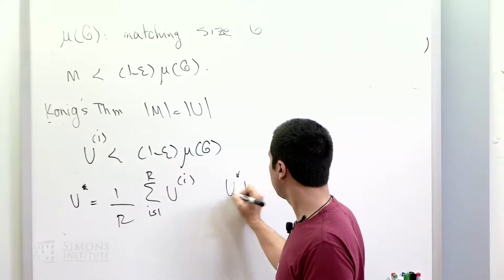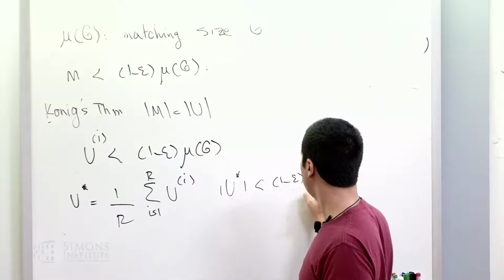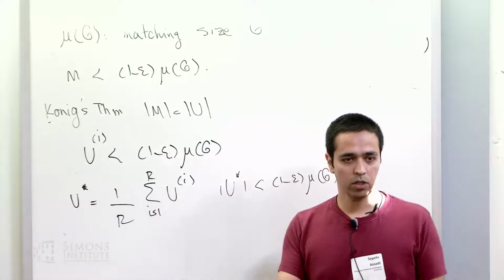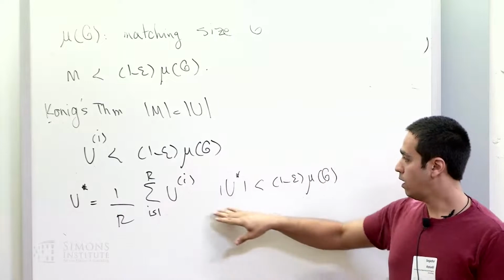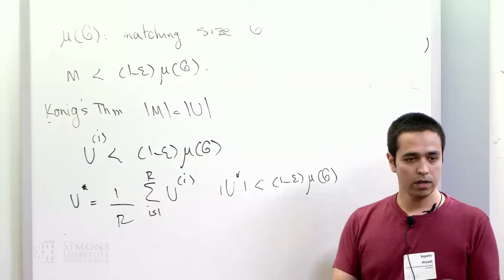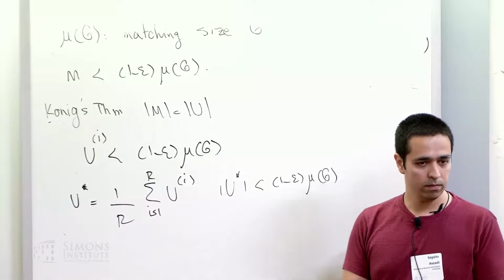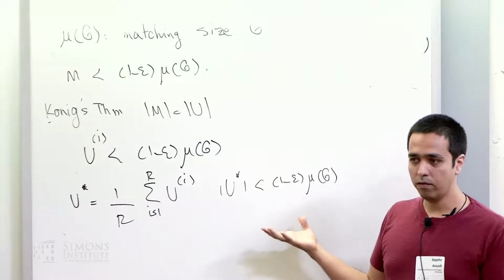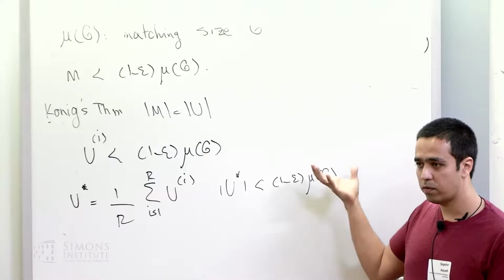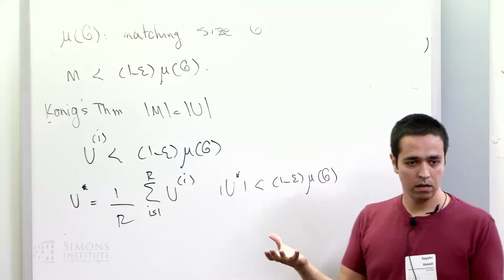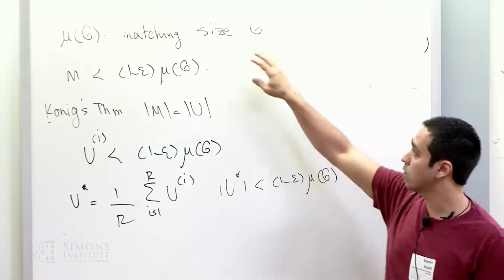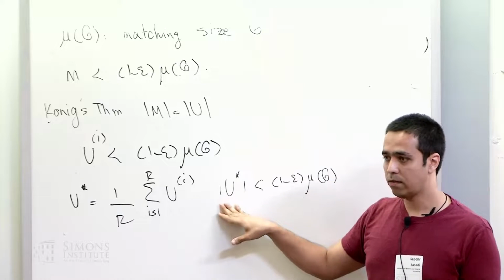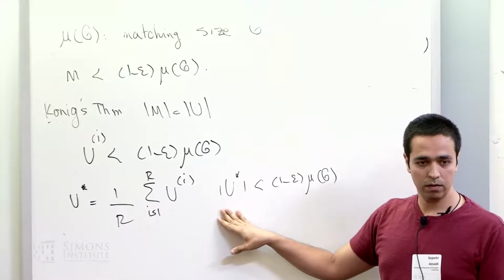U star has size less than 1 minus epsilon times mu G. Do I agree? It's a fractional vertex cover. If U star can cover all the edges completely, then U star will become a vertex cover of my graph, a vertex cover that has size much smaller than the matching of the graph. The matching had size mu G. So U star itself cannot cover all the edges.